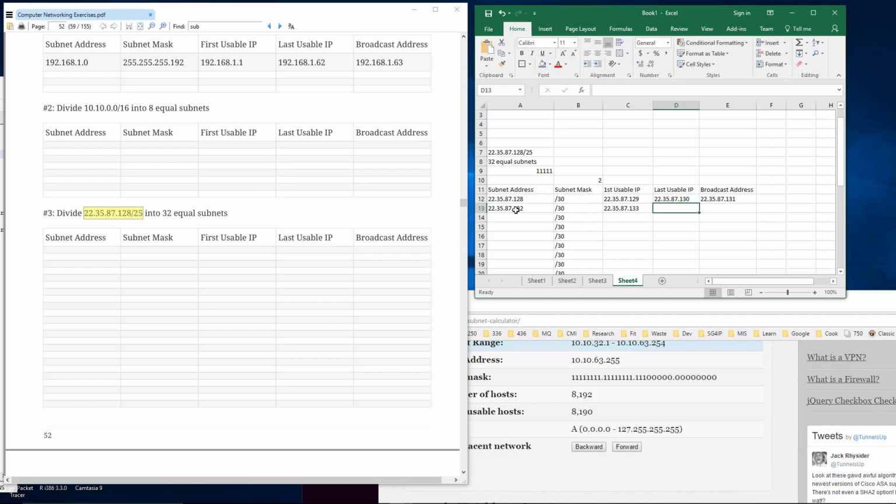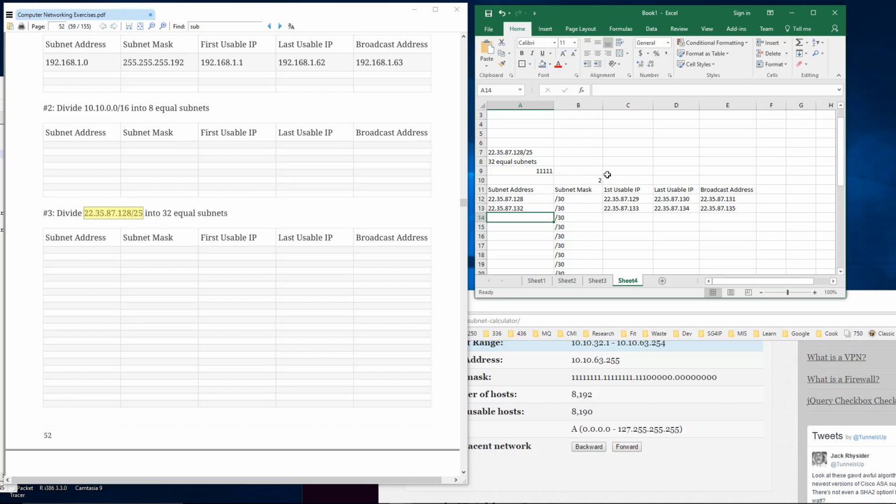And now 2 plus 132 is 134. 22.35.87.134. Should start to see a pattern emerging. 22.35.87.135. Okay, these numbers are completely contiguous. So 128, 129, 130, 131, 132, 133, 134, 135. Just following that pattern alone, you could fill out this entire table.